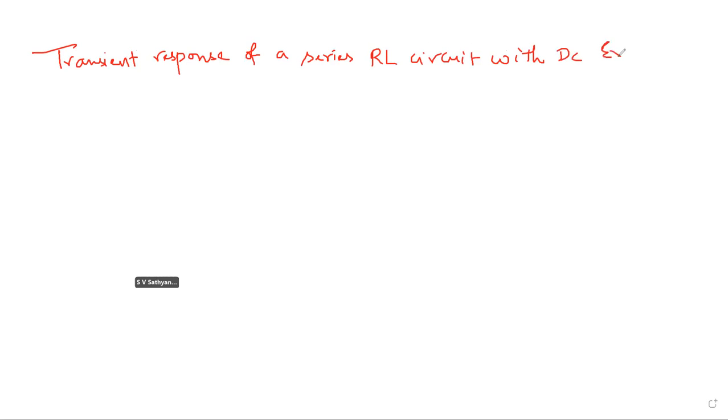So our last topic, keep the side heading as transient response of series RL circuit with DC excitation.